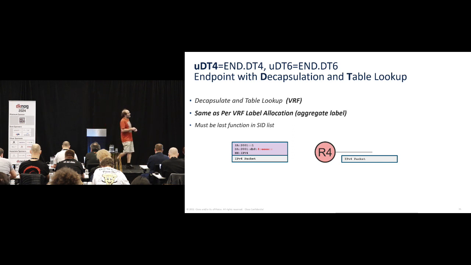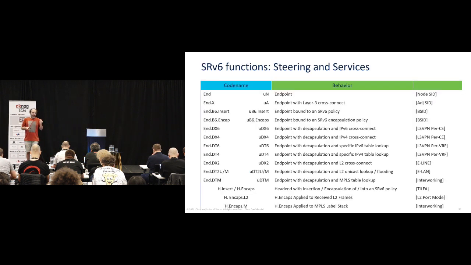Here, DT is the same thing, and T actually means table lookup. So I will do the table lookup in a specific table, into the specific VRF. So it's 100% what in MPLS is called the aggregate label or per-VRF label allocation. 100% equivalent.